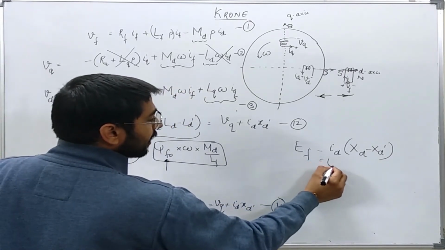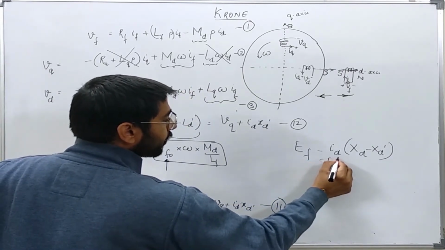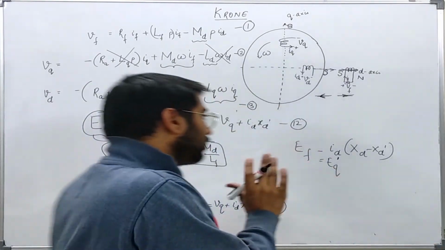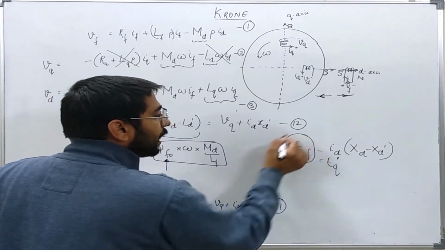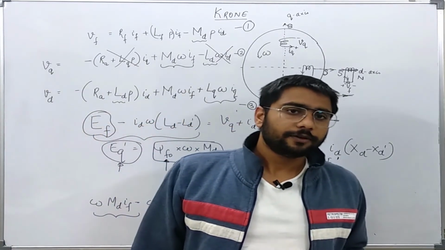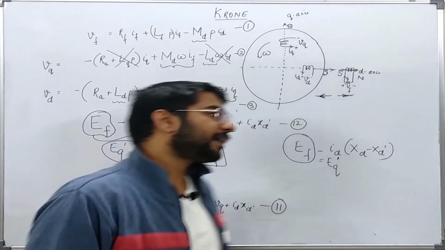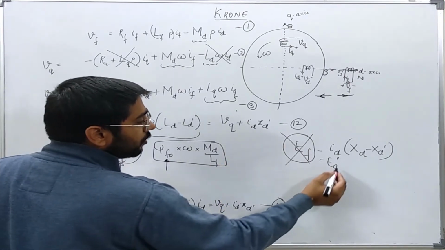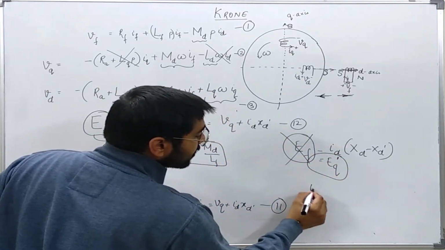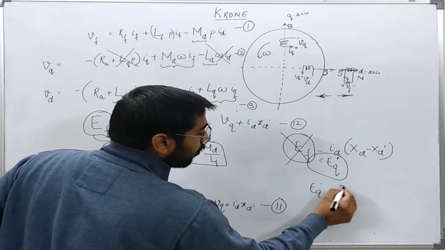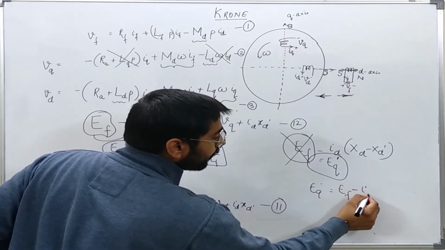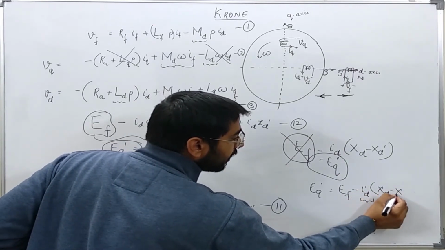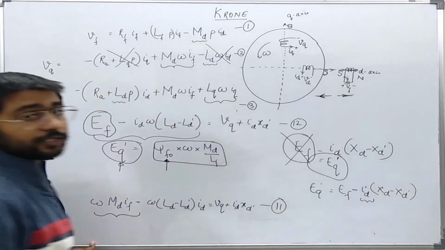Now first of all, I have shown up to this point that instead of using EF for the equivalent model of a synchronous generator on a fault when it was carrying some current earlier, we cannot use EF. We should use some other value, EQ prime, which is the no load voltage minus some quantity depending upon the load current and the transient reactance also.